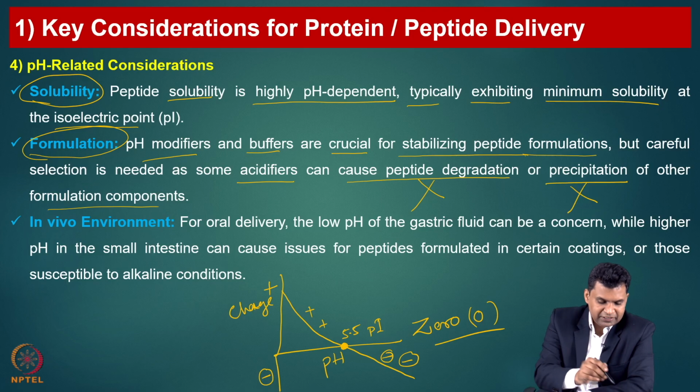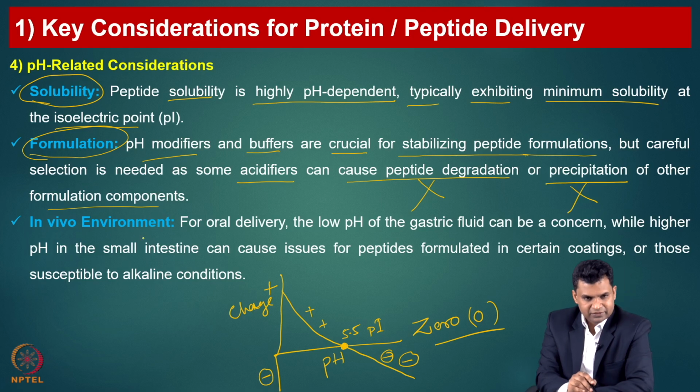So, the third point is the in vivo environment. Yes, in the body we also have different pH conditions, which vary from the mouth to the stomach, small intestine and large intestine.